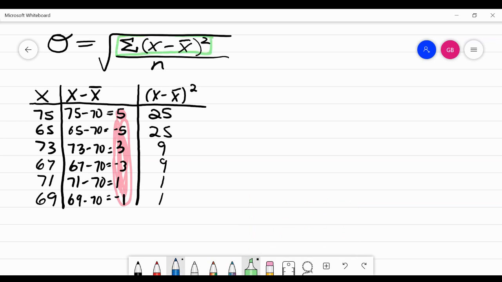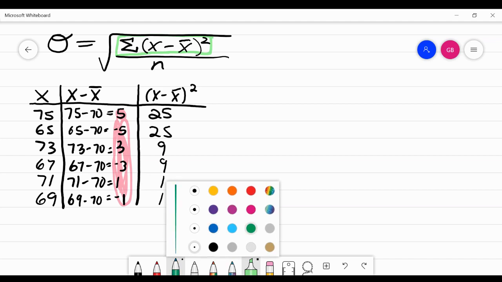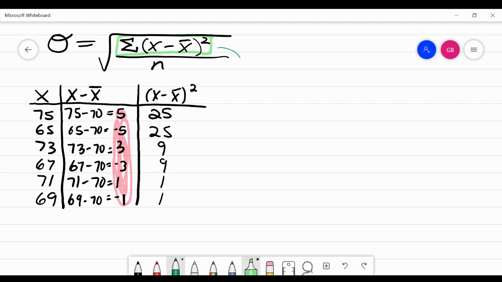This means the sum of all the x minus x bar squares.